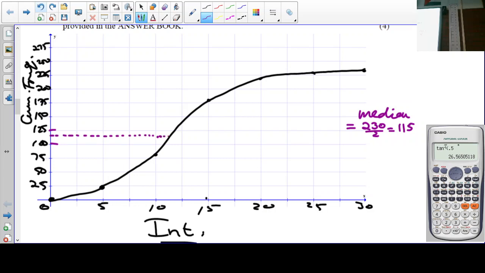And what I do is I take my ruler, put it horizontal, parallel to the x-axis, and I go across until I hit the graph. Then I turn the ruler vertical, parallel to your y-axis, your cumulative frequency axis, and I go down here. And I take the reading that you have there.